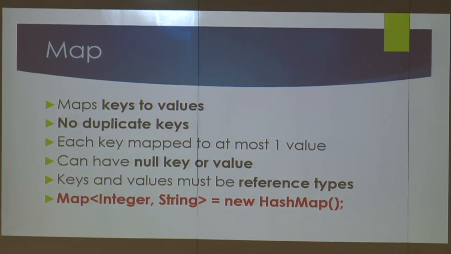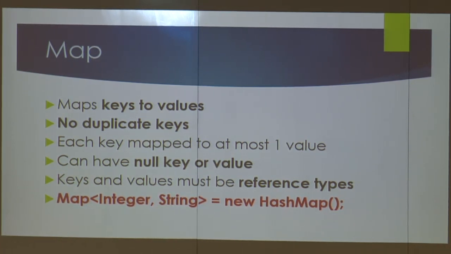So a broad example of a map would be maybe if we were reading in some input, and we wanted to see how many times each color appeared in an input. So we could have these key-value pairs that had a key, which is the name of a color, so maybe red, blue, green, purple, and the value associated with it is how many times that color appeared.